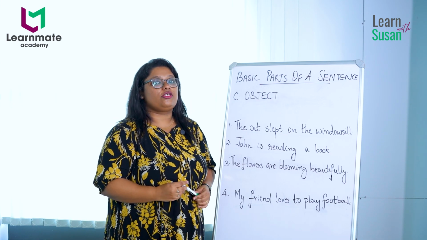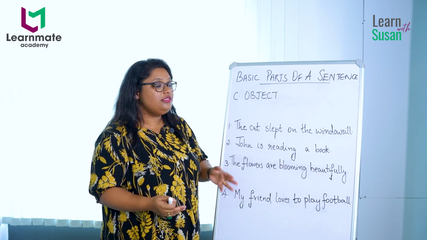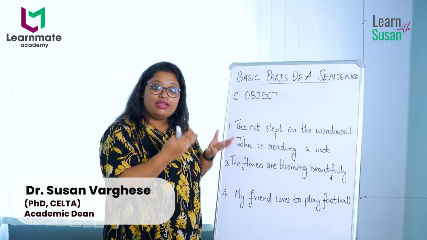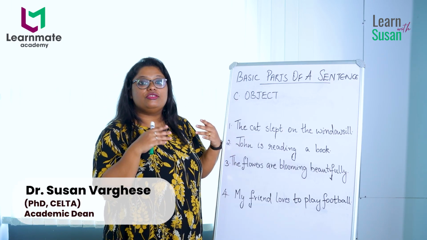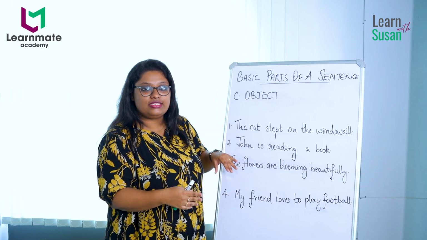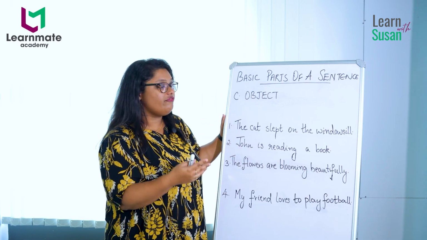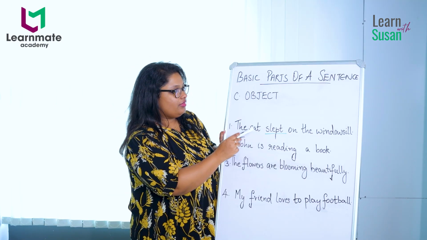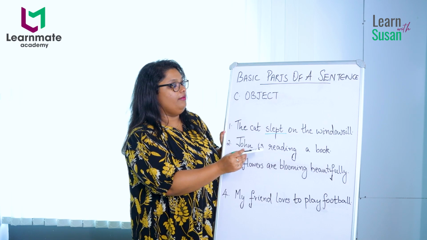Now the third part of a sentence, which is very important, is the object. An object is a noun or a pronoun that receives the action of a verb. Now let us look at each sentence and try to identify which is the object. In the first sentence, the cat slept on the windowsill.